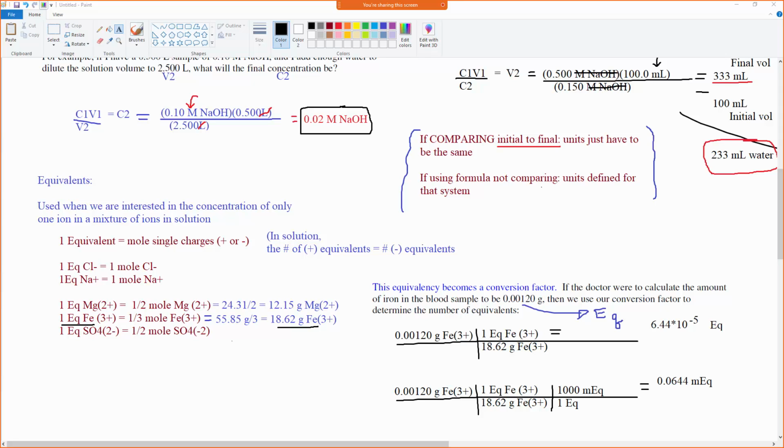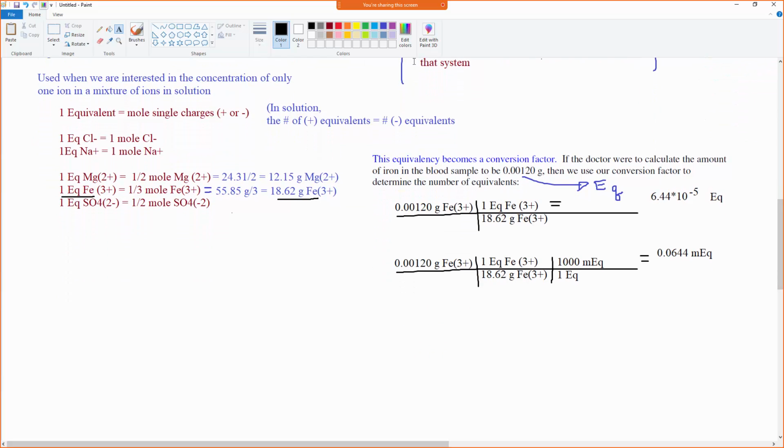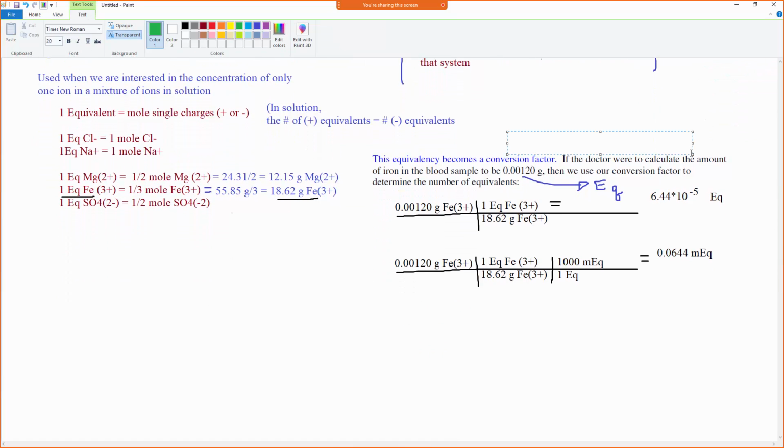So as for instance, I say, hey, by the way, this iron sample was in 50 milliliters of blood. And I want to know what is the concentration in milliequivalents per liter.